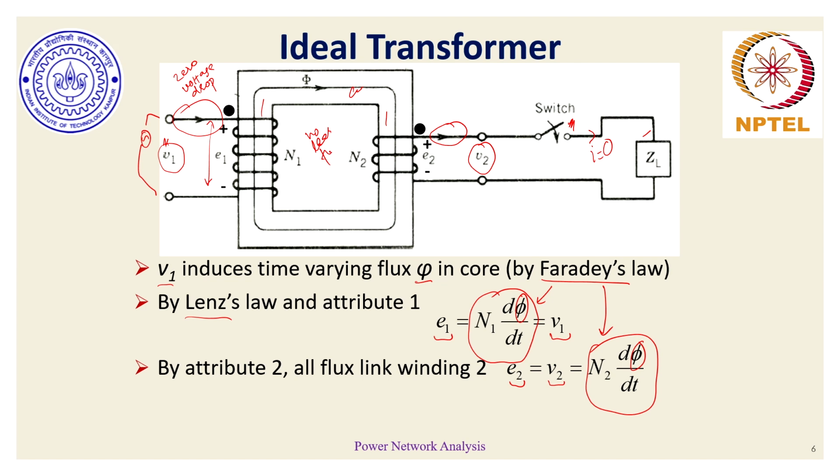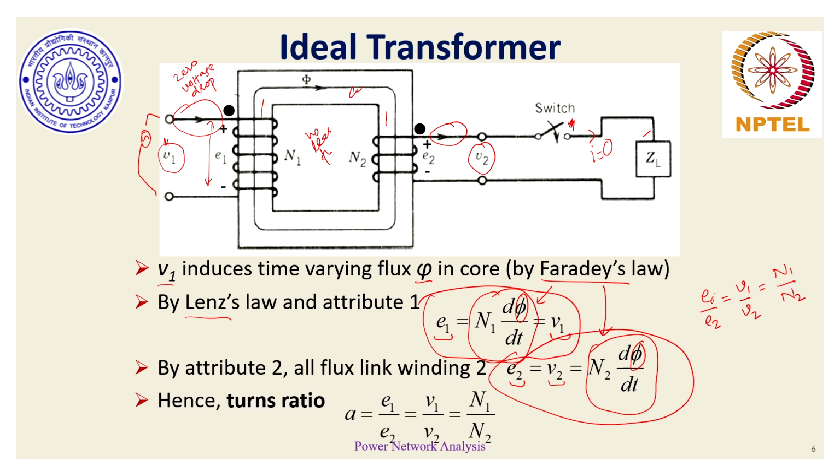So now if we compare our equations, let's say equation A with equation B, we get one unique result. The result is E1 by E2 is equal to V1 by V2, which is also equal to N1 by N2. d phi by dt is common in both the equations, and that gives us our definition of turn ratio.